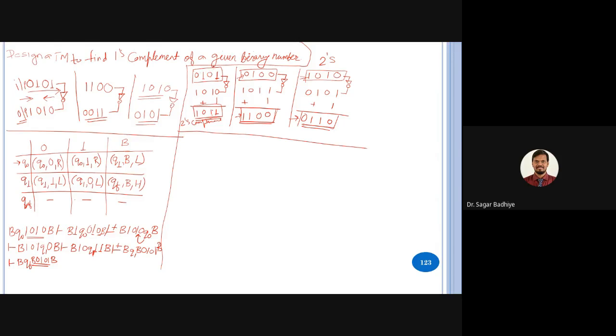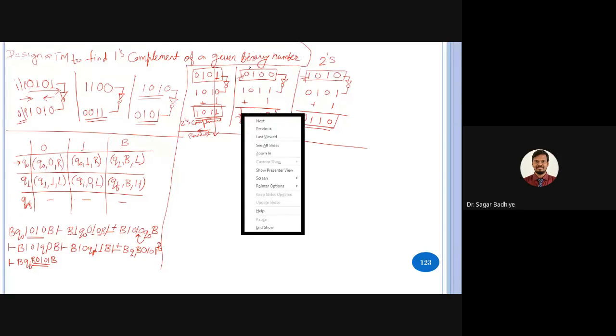So from this point onwards, the rest is reversed, right? From here, if 0 is the input, 0 is the output. 0 is the input, 0 is the output. 1 is the input, 1 is the output, right? But after this one, 0 is the input, the reverse is the output.